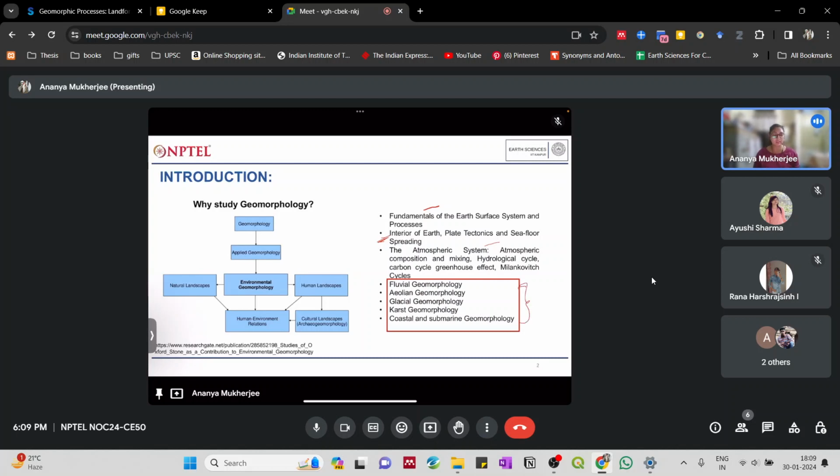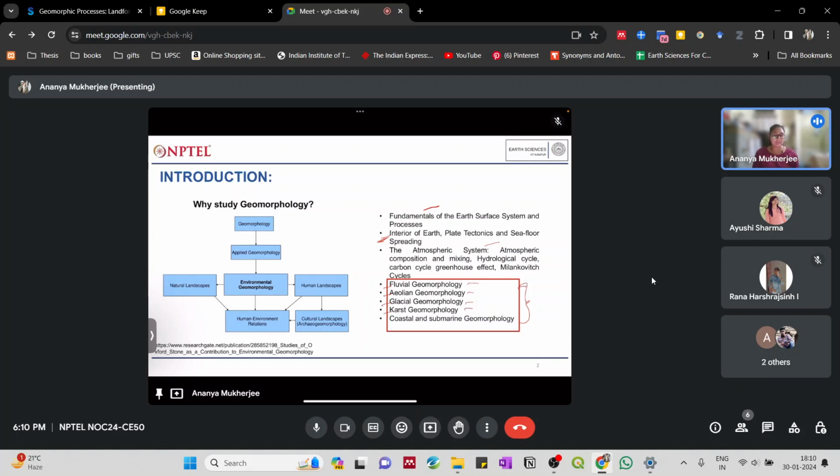Now the main part, given in the box over here, is the different types of geomorphology. What is geomorphology? I will come to that in the next slide. For now, fluvial is how landforms and landscapes form due to rivers. Aeolian is how they form due to the action of wind. Glacial is how they are formed from glaciers, the movement and melting of glaciers.